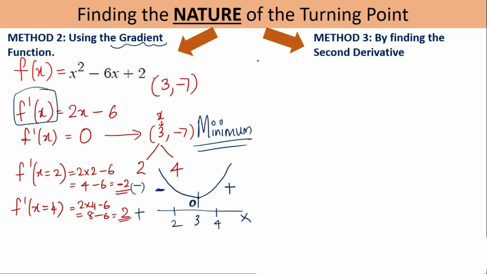Now let's see how we can find the minimum point using the second derivative. The key condition that you're going to check here in method 3 is that if f double dash of x, which is the second gradient, is greater than 0, it's going to be a minimum point.